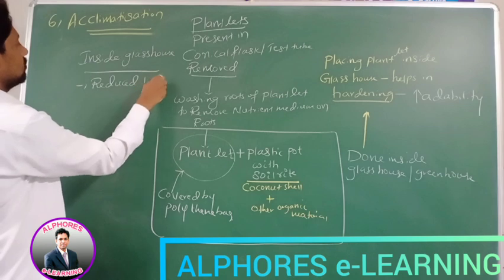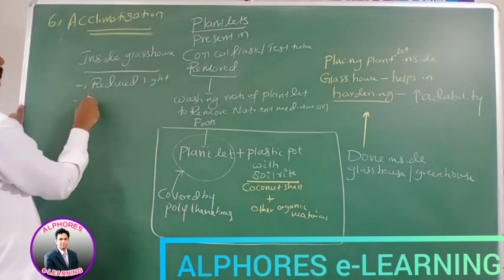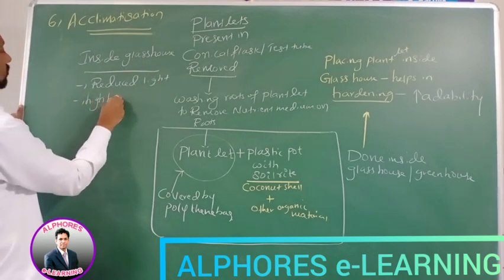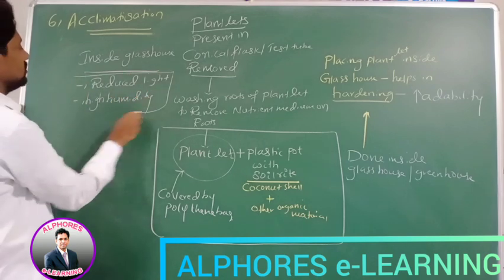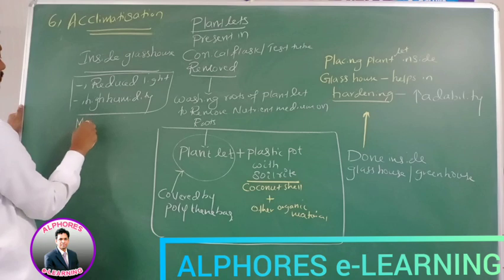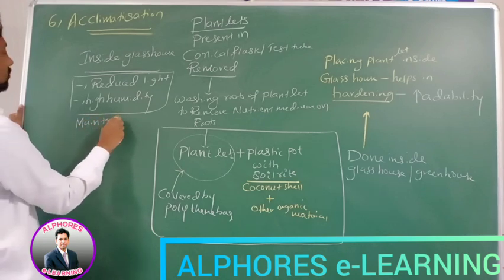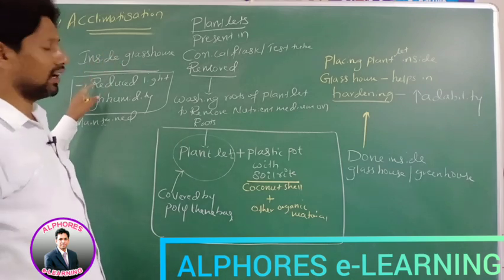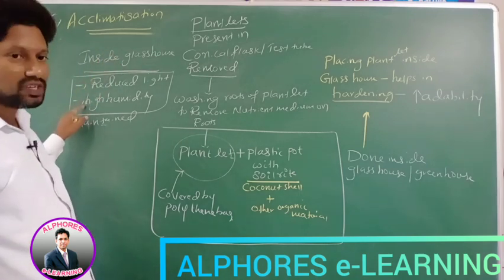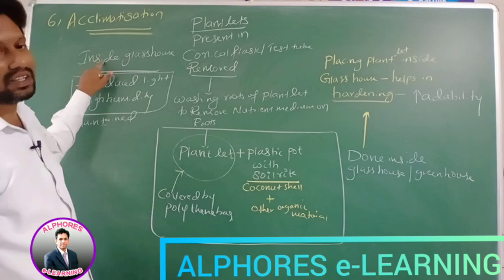Reduced light and high humidity. These two are maintained. Therefore, reduced light and high humidity are maintained inside the glass house.